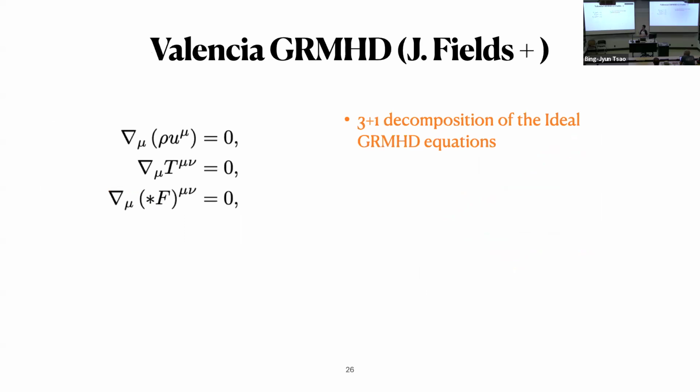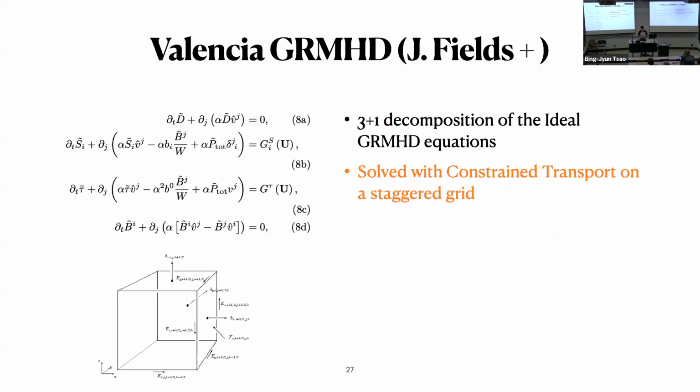The Valencia GRMHD comes from just the 3+1 decomposition of the ideal GRMHD equations. We solve this set of equations using a constraint transport scheme on a staggered grid. So we basically evolve the magnetic fields on the faces and electric fields on the edges of the grid. This prevents the need for divergence cleaning, and so the divergence B constraints are preserved to machine precision.